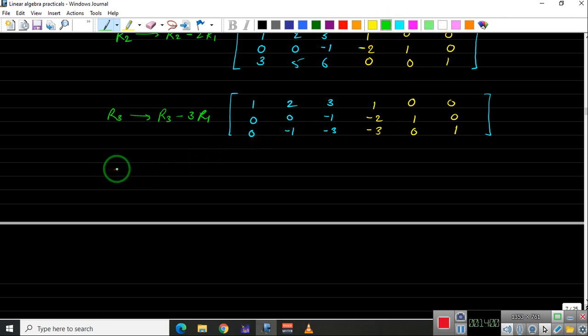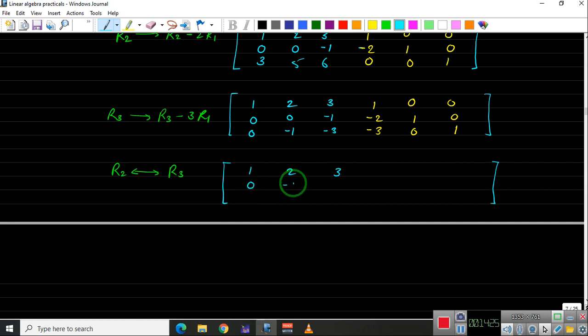So interchange R2 and R3. Second and third row are going to change here, but the first row will be as it is. So 1, 2 and 3. Now you will interchange these rows, so second row becomes third and third becomes second.